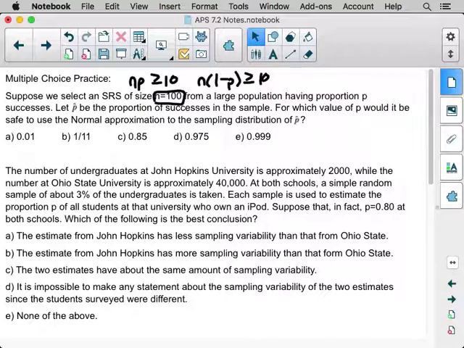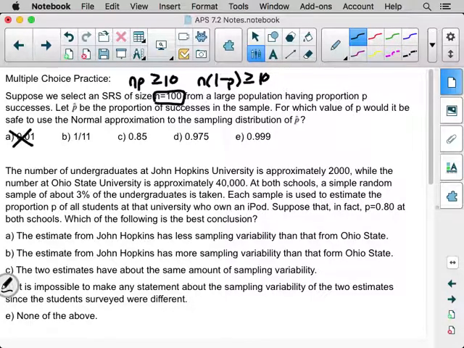No, it's not. So if this were the actual proportion, our condition wouldn't be met. 1/11th. All right, well, sample size of 100. Let's check 1/11th. 100 times 1/11th gives me 9.09. Is that big enough yet? No, it's not.